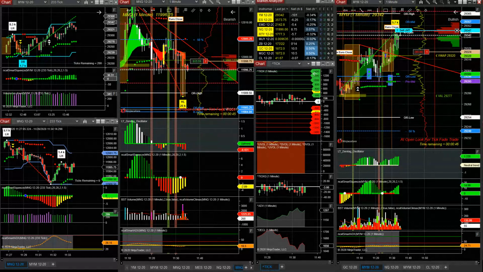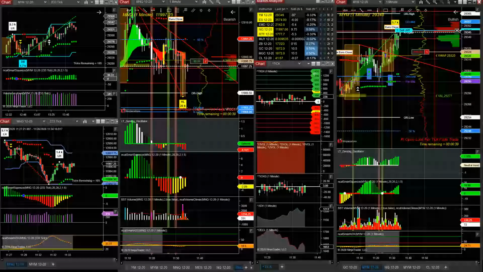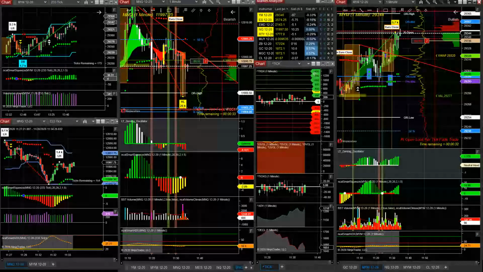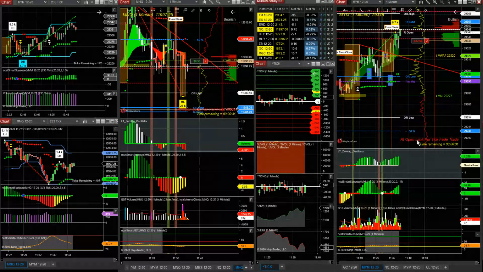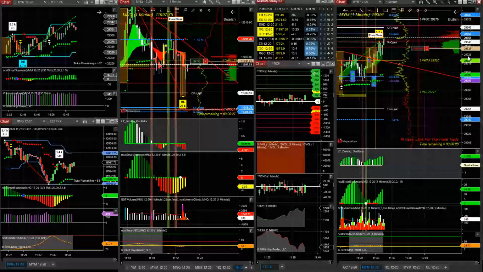And NQ, they just flushed the sucker down. Wow, that was a beautiful trade. If he was in one micro there, it would have made his day. So we had 5 of those, but we didn't get that kind of drop. They were running YM up.